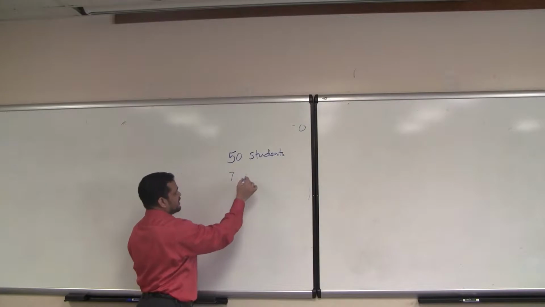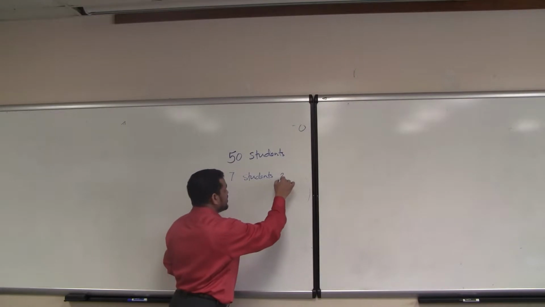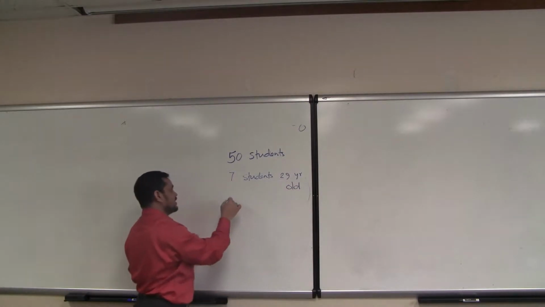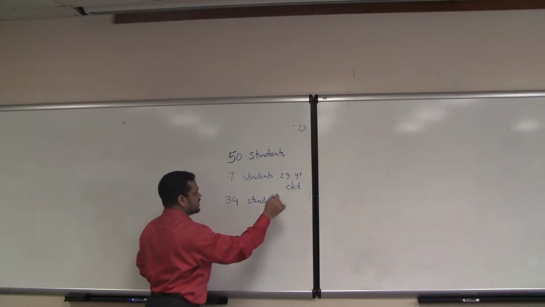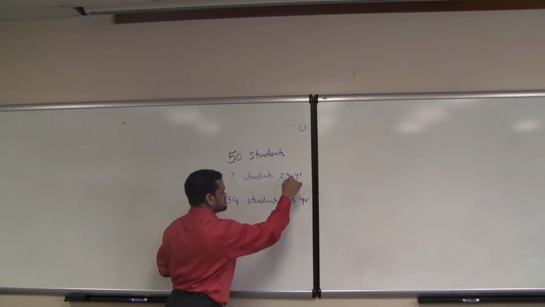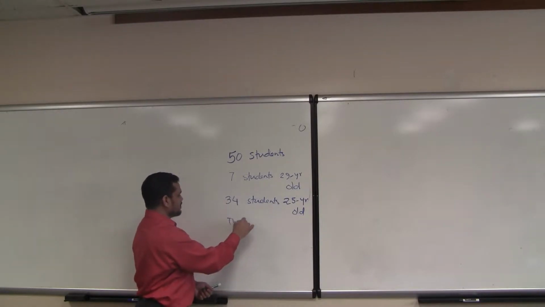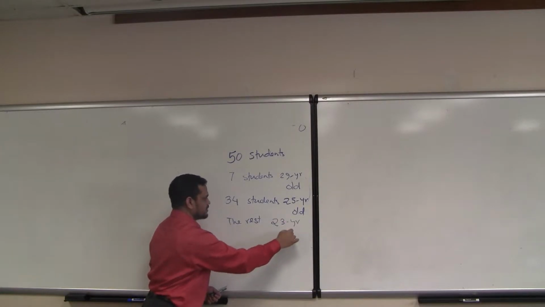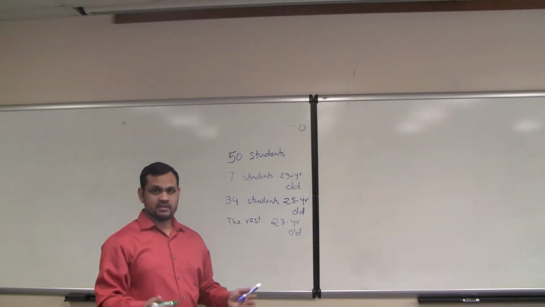Say 7 students are 29 years old, 34 students are 25 years old, and the rest are 23 years old. Now what is the mean age of this class? How will we do it?